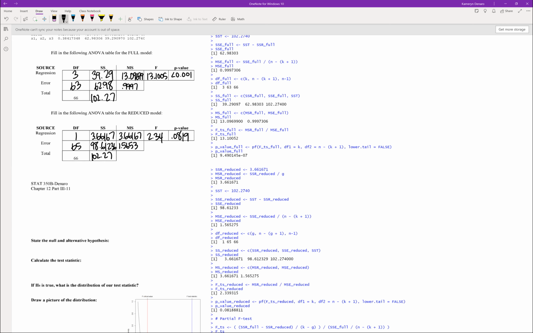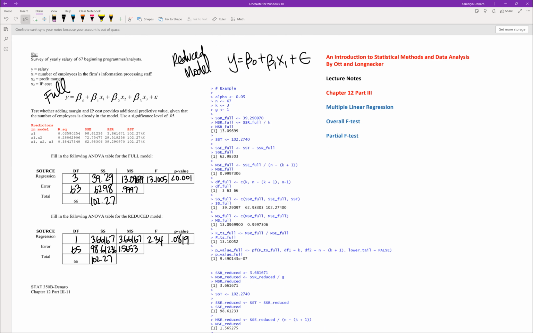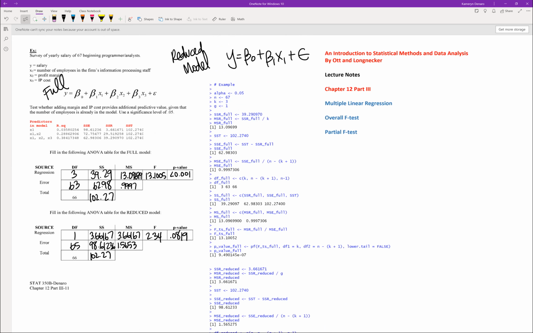So the overall F test here, we're saying, is the number of employees alone predictive of the salary? And we find here that at the 5% level, it's not enough information, right? So what we truly want to ask is, are the profit margin and IP cost additionally predictive of salary, given we already know the number of employees in the firm's processing staff?